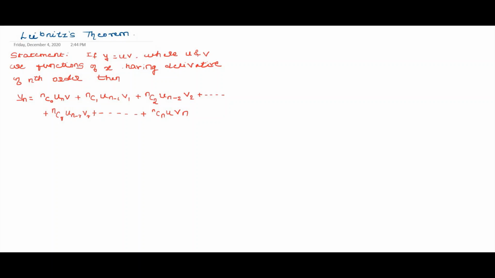So now to prove this theorem we can use the mathematical induction. We shall prove this theorem by mathematical induction.